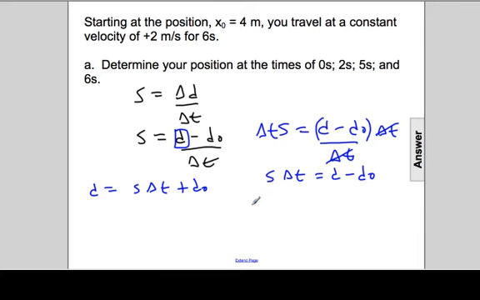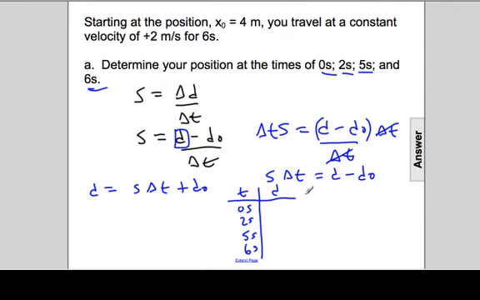So let's make a data table to keep track of information: times and corresponding displacements. We're interested in keeping track of the location of this object at various points in time, and those times are 0 seconds, 2 seconds, 5 seconds, and 6 seconds.